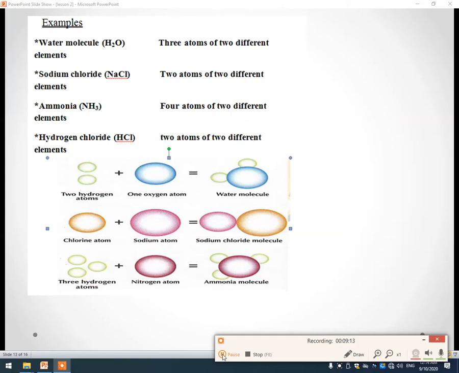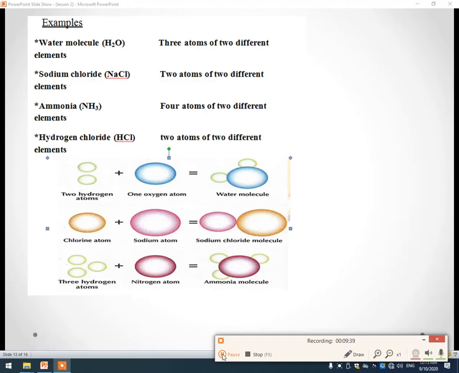So it is called sodium chloride, not sodium chlorine. You can write sodium chloride as NaCl. How many atoms do we have here? We have 2 atoms, 1 atom of sodium and 1 atom of chlorine. So we have 2 atoms of 2 different elements.